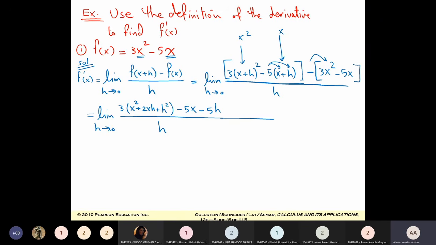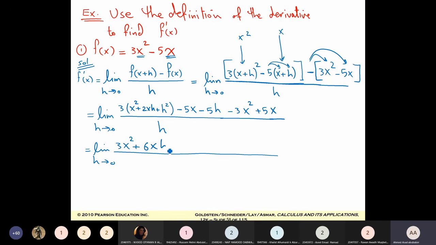Also we have negative multiply 3x squared and negative multiply negative 5x, so we have negative 3x squared plus 5x. Now, more simplify: 3x squared plus 6xh plus 3h squared minus 5x minus 5h minus 3x squared plus 5x over h.